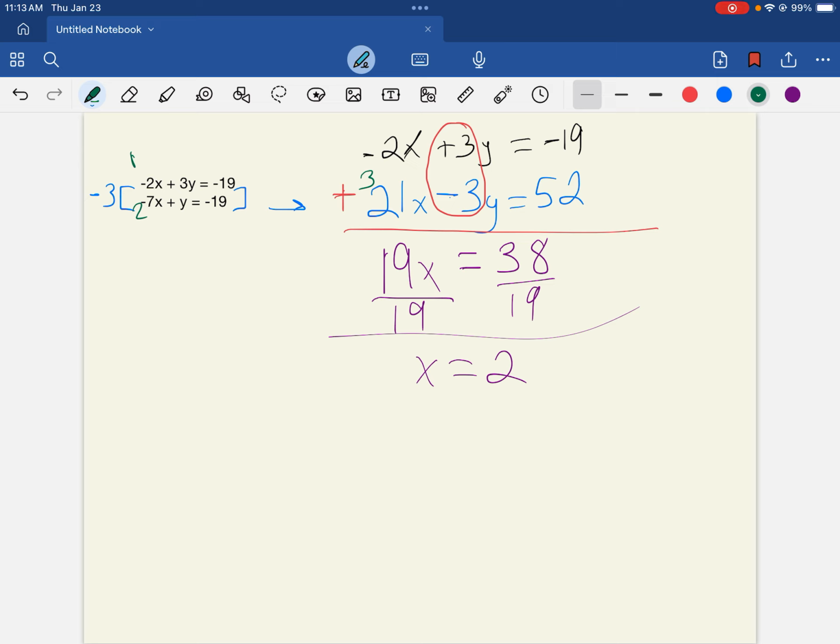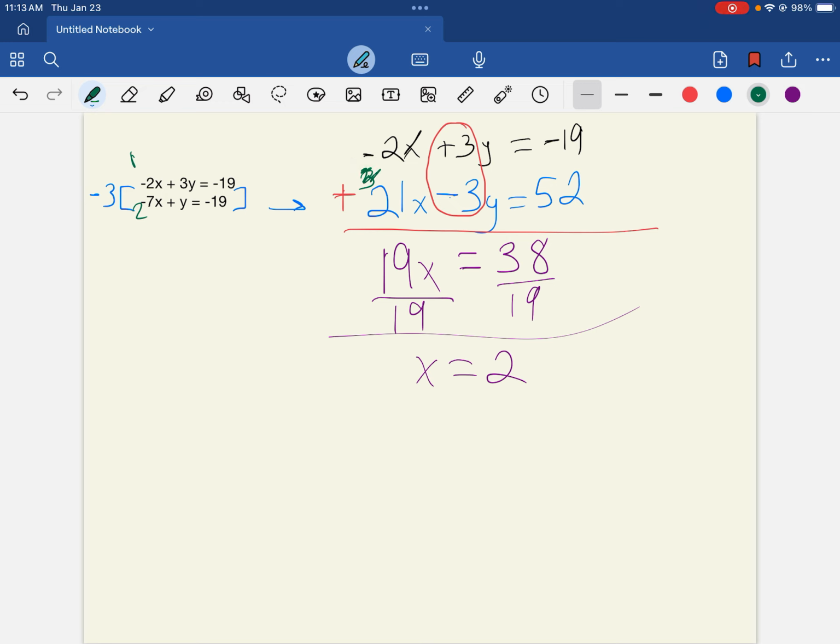I technically have 3 choices: the 2 original problems and the third manipulated equation. The best choice, and I say best just because it requires less work, is going to be one of the other 2 original equations, and I just say that because those numbers are smaller.